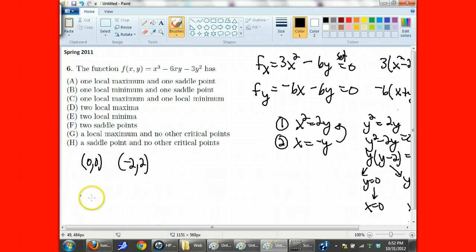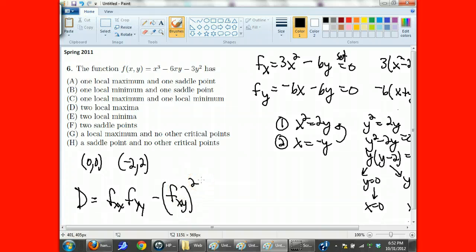Capital D, discriminant I think it stands for, is the double x partial times the double y partial minus the mixed partial squared. And we have to evaluate D at each of the critical points. We could do it in general and then plug in, or do it specifically for each one. Let's just get the second partials.